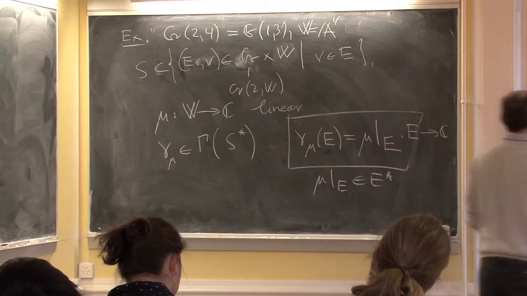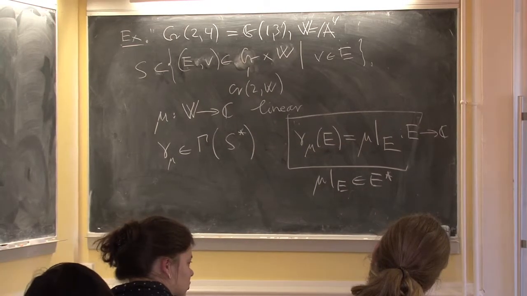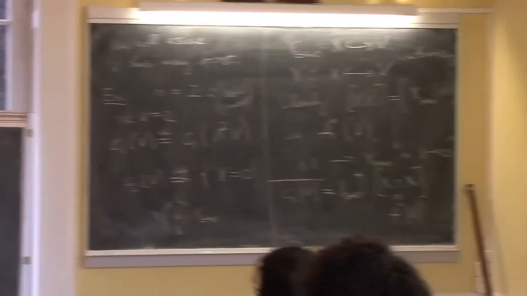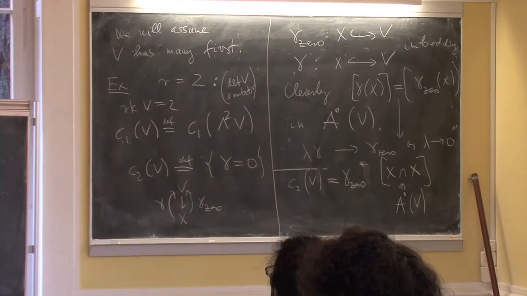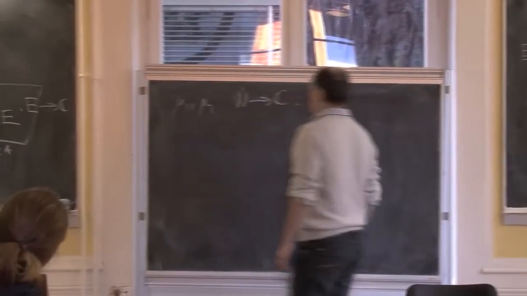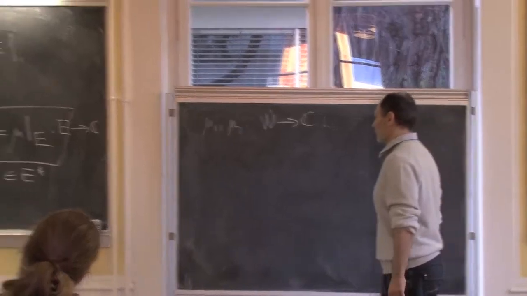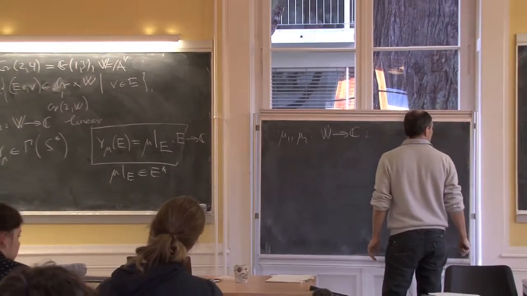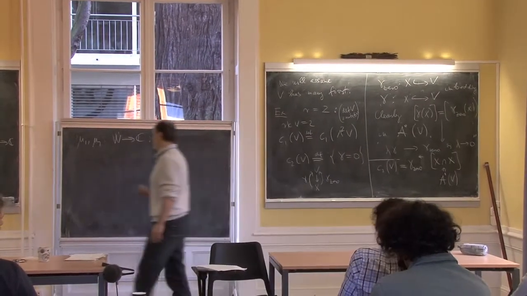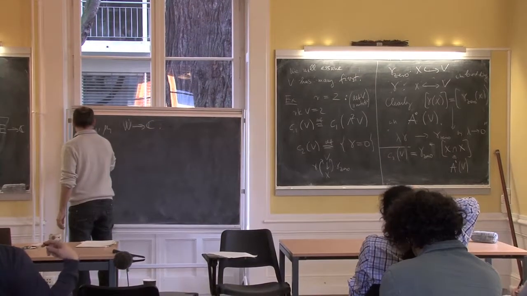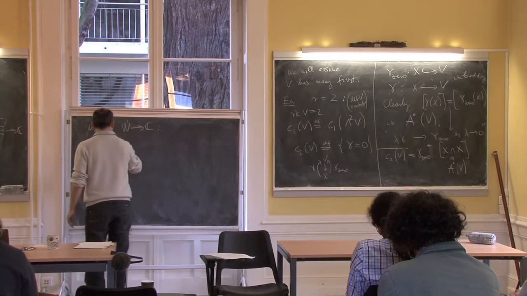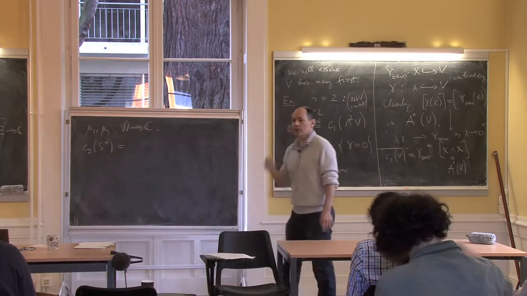Then, to perform this calculation, let's take mu1 and mu2, maps from W to C. First let's calculate C2 of S dual.